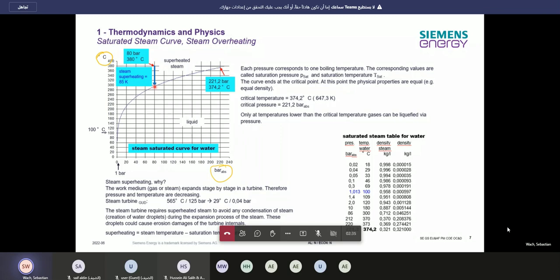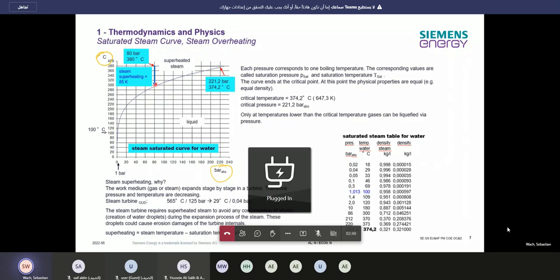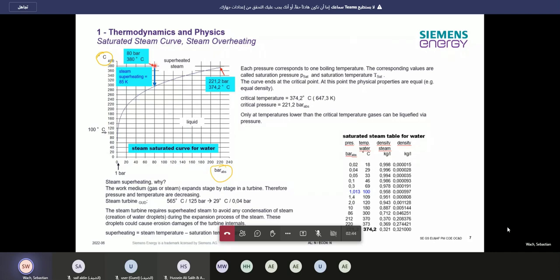So our saturation temperature for 80 bar is 295 degrees Celsius. And we have now 80 bar with 380 degrees Celsius. So we have superheated steam, and we have a superheating value of 85 Kelvin.